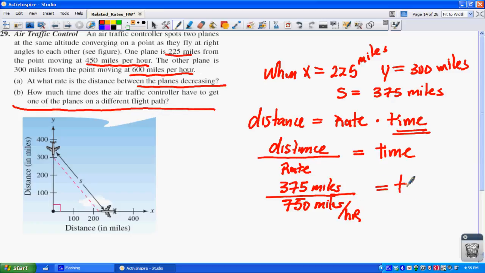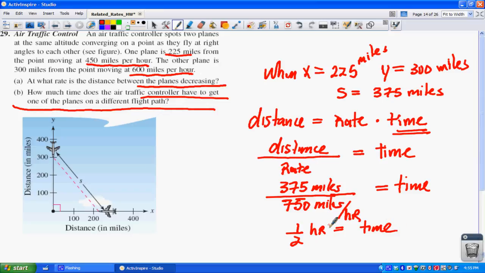So the time that the air traffic controller has, when you do the math: 375 is a half of 750, so when you reduce that, you get 1/2 hour.